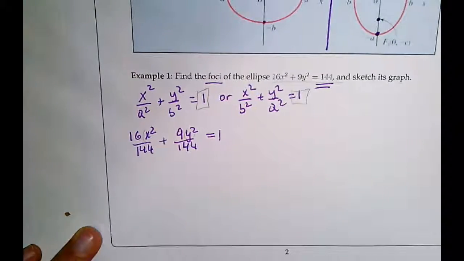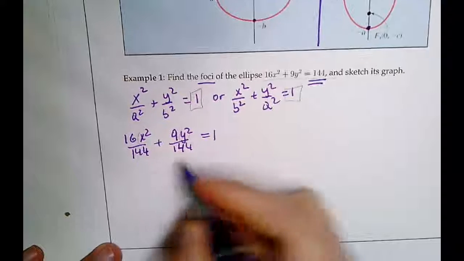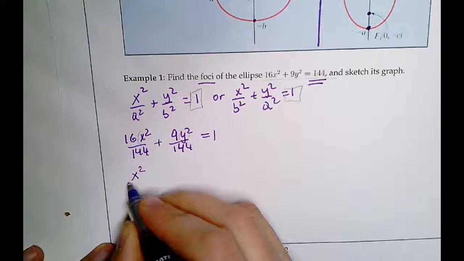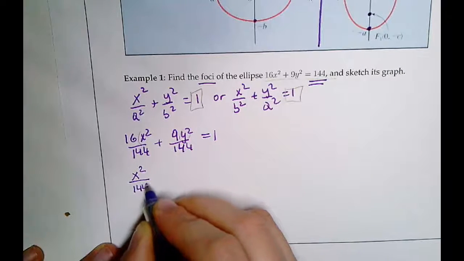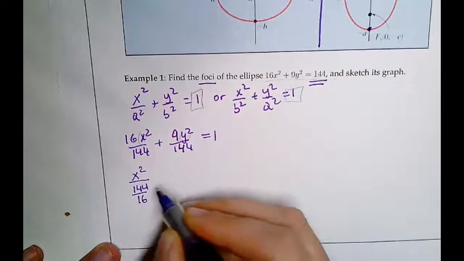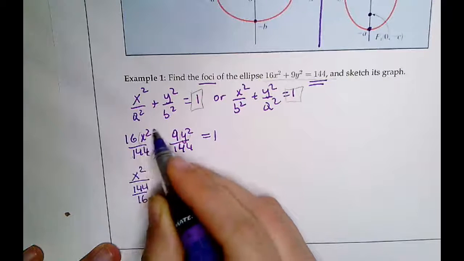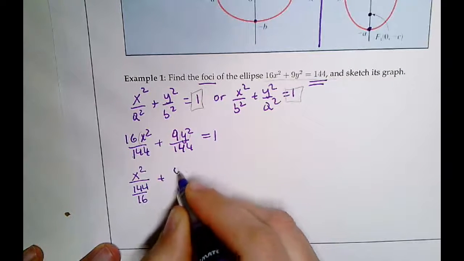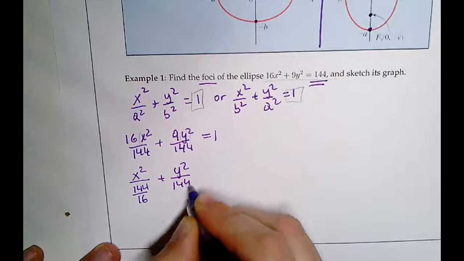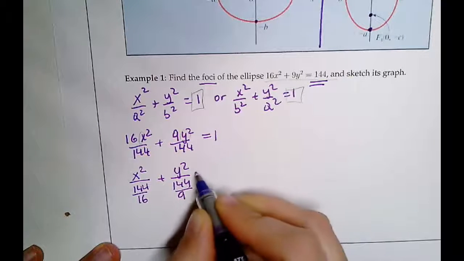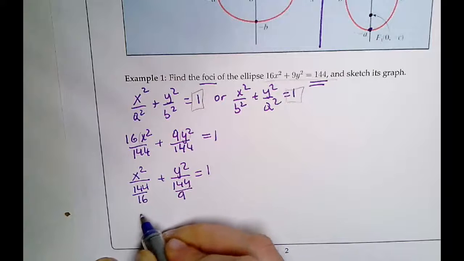So I'm going to rewrite this as x squared divided by 144 over 16, because this is the same as 16x squared over 144, plus y squared over 9 equals 1.